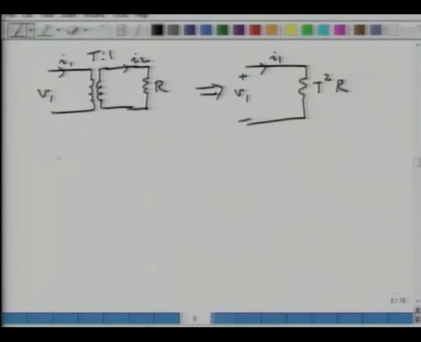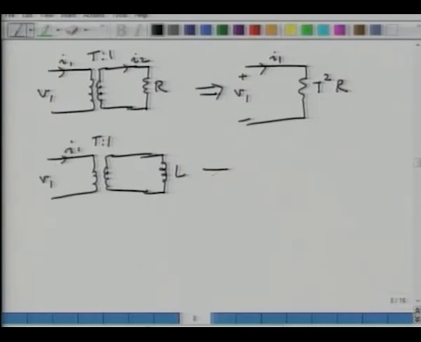The other one is an inductor, and in this case I have L as the impedance. This transforms to L times T squared.